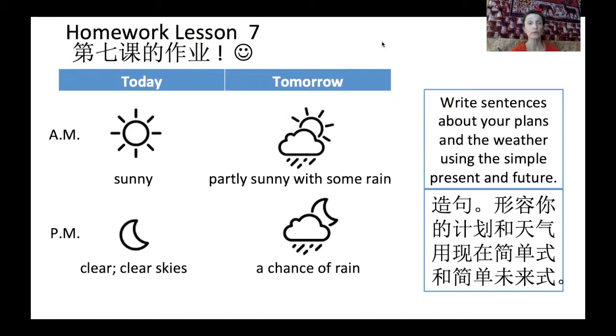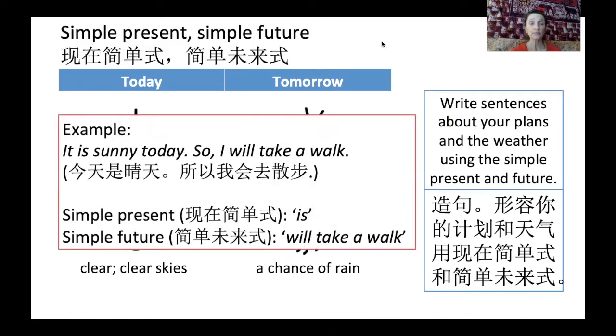And you're going to use simple present tense and simple future. Okay, so you were supposed to 用现在简单是和简单未来式 to write these sentences. Here's an example that I gave you 上个星期. The sentence that I gave you was, it is sunny today, so I will take a walk.